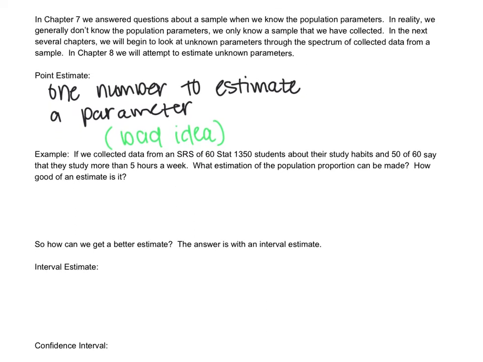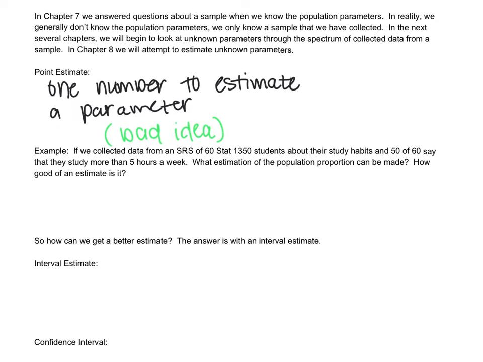So for example, if we collected data from an SRS of 60 STAT 1350 students about their study habits, and 50 of the 60 say that they studied more than 5 hours a week, what estimation of the population proportion can be made and how good of an estimate is it?